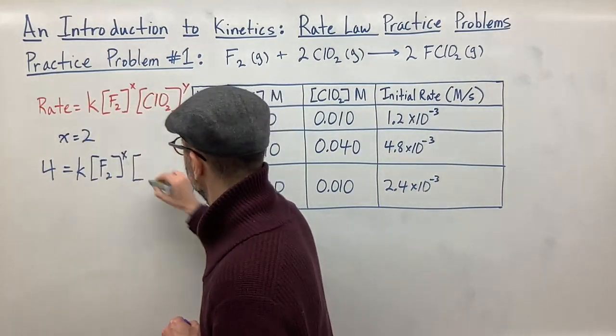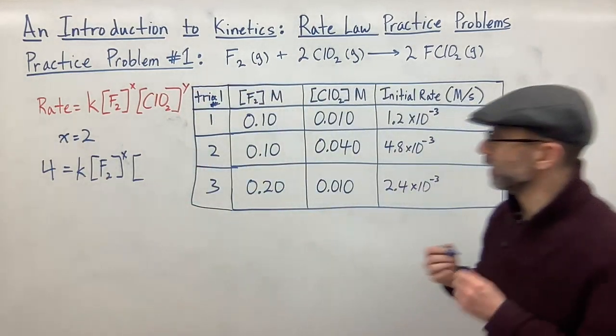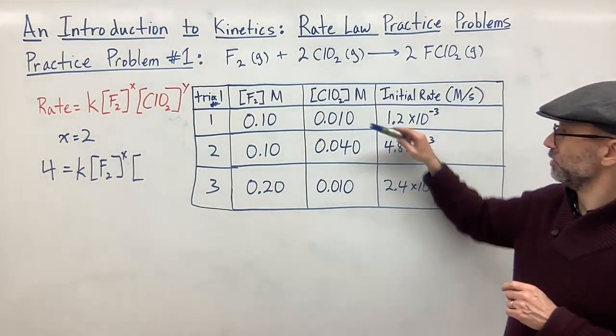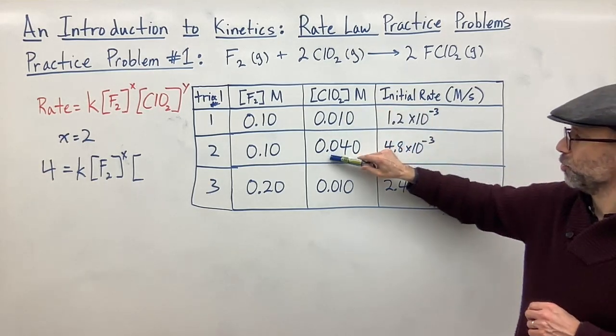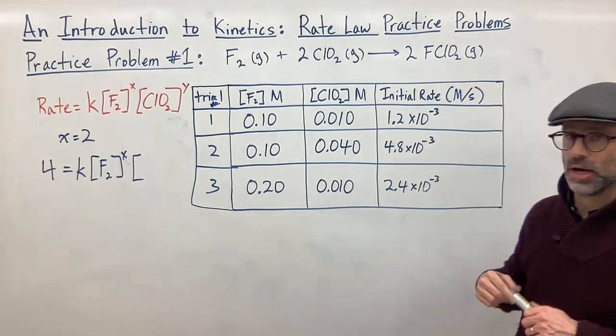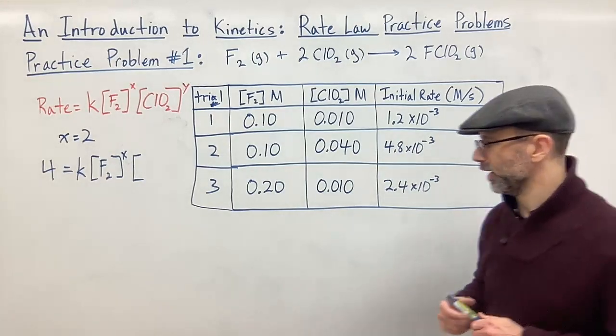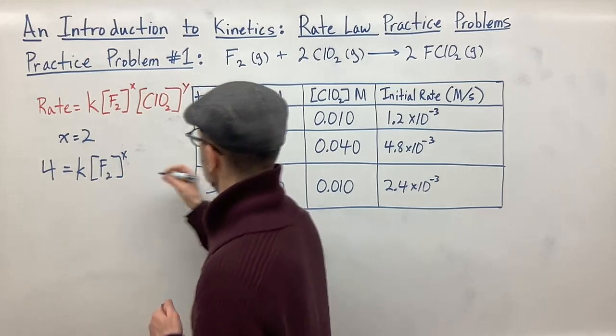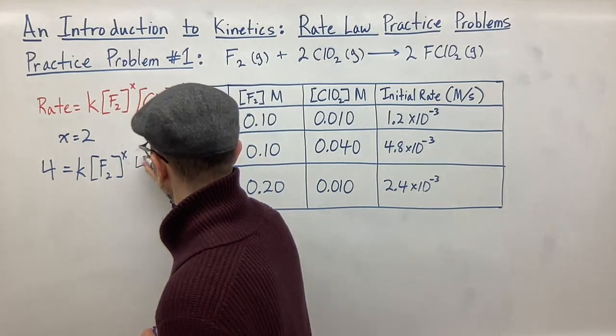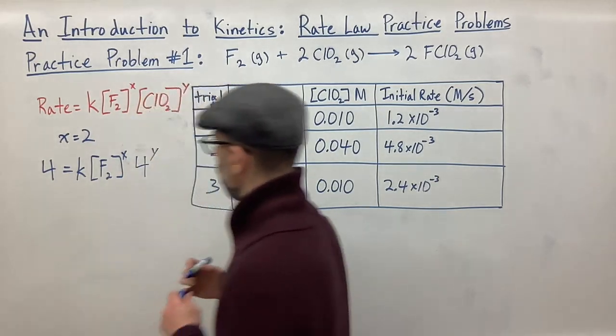And then we look at our ClO2 concentration. How does that change? 0.010 to 0.040. So that also quadruples. So we'll put a 4 for the ClO2, and that's going to be to the y.